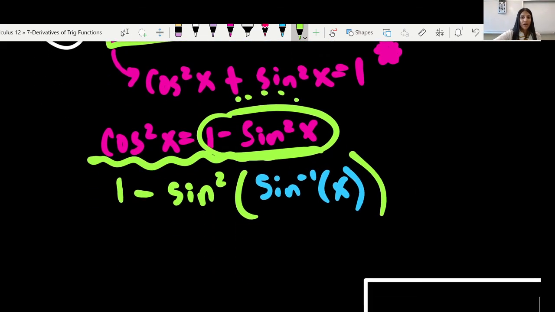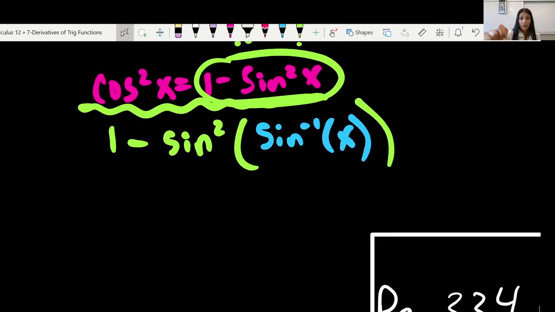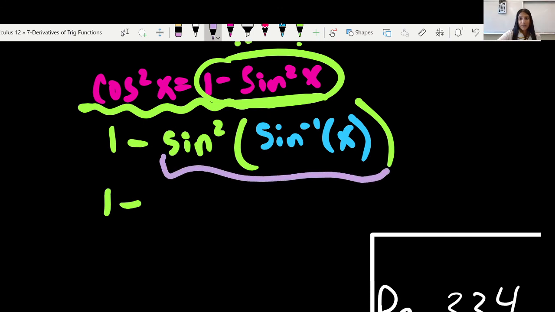And then thinking our way through or applying that rule that we learned, I still have the 1 minus all of this stuff here. If you look at it, we're dealing with opposites here. And it's just equal to x squared.